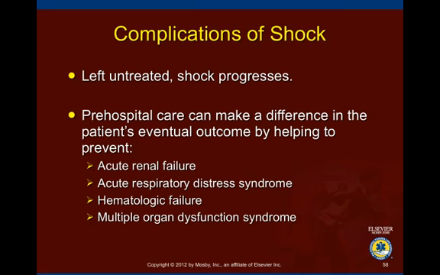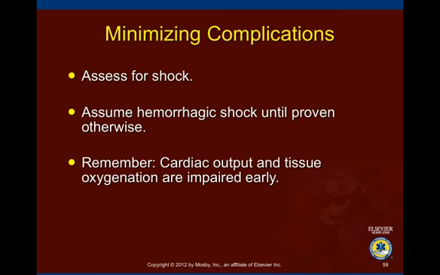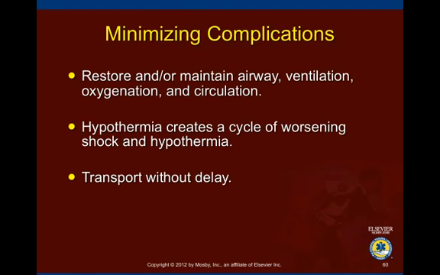So left untreated, the vicious spiral occurs. You have multiple micro-organ problems, multiple organ dysfunctions, and the whole key, again, for us is to keep that cardiac output up so we can keep that tissue oxygenation going and use everything in our toolbox to do that. The hypothermia creates another vicious cycle that just adds to things.